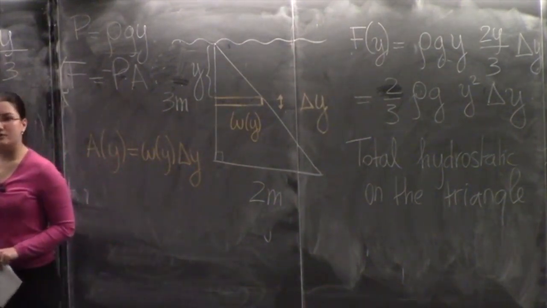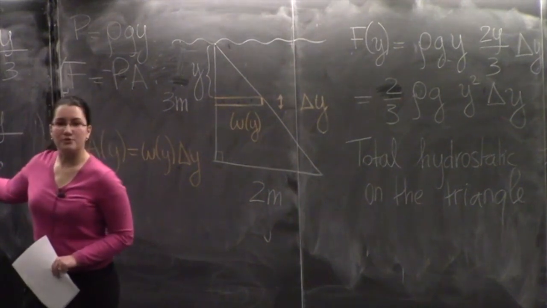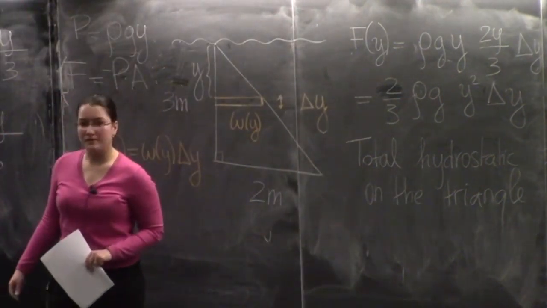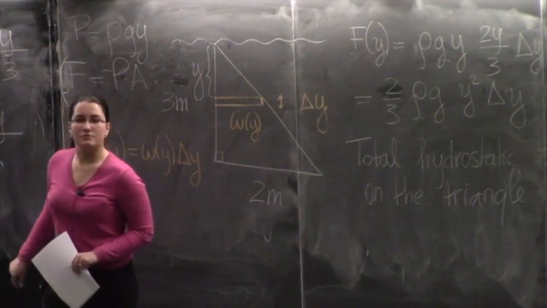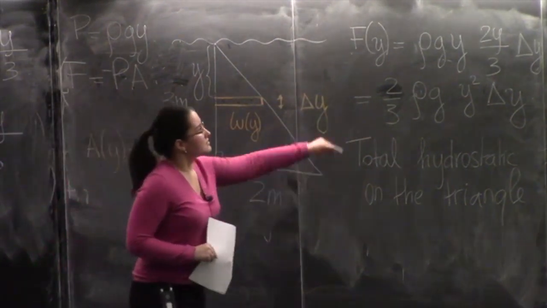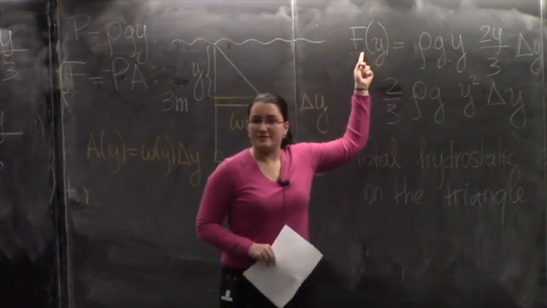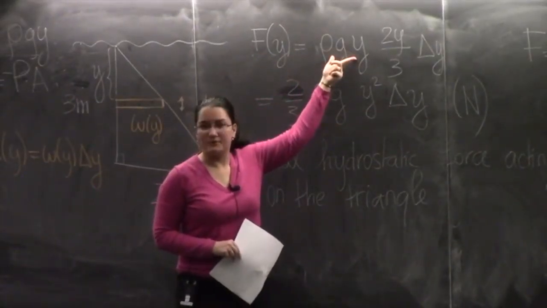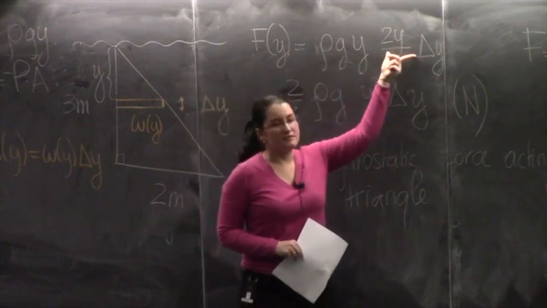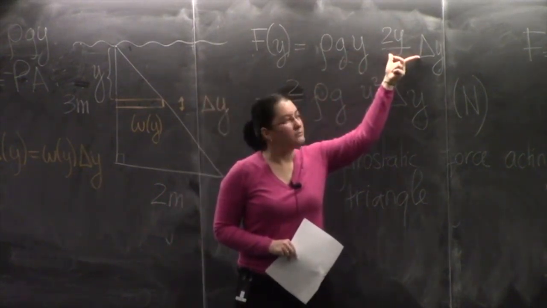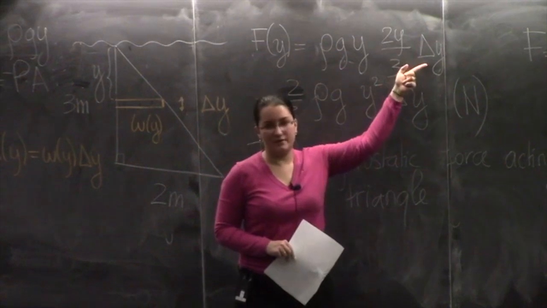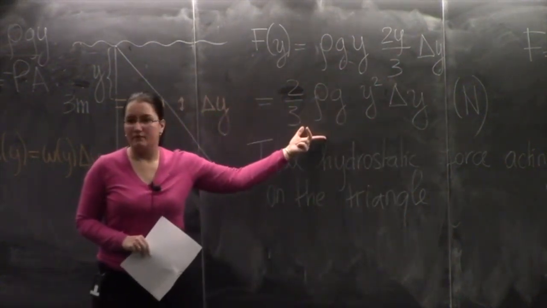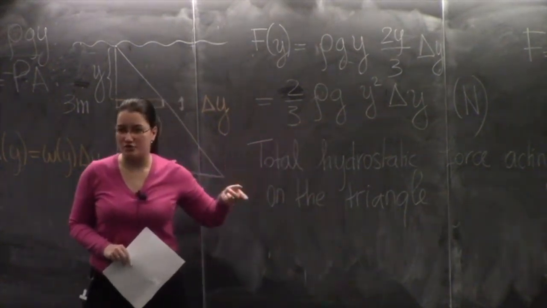You've got two similar triangles, their sides are proportional, the horizontal length can be computed from the similar relation. In our case, it was 2y over 3. So the hydrostatic force acting on the strip was just the pressure at depth y times the area of the strip. This is 2 rho g y over 3 delta y. This is how it looks like, but this is just on the strip.